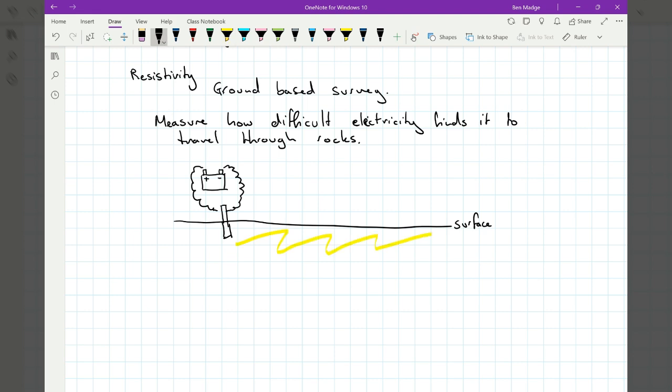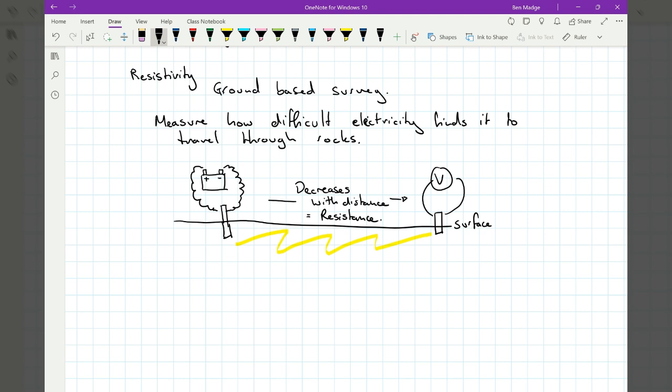And then we measure the voltage somewhere else, and how much the voltage has decreased with distance tells us the resistance, and this can tell us what sort of rock it is.